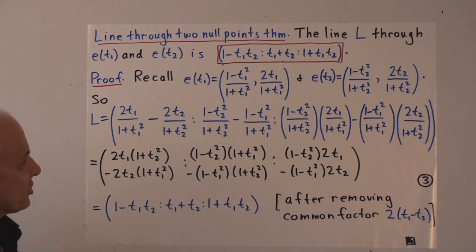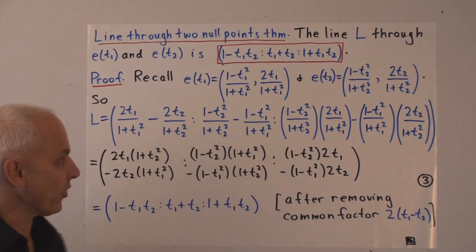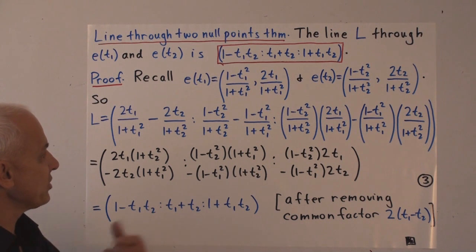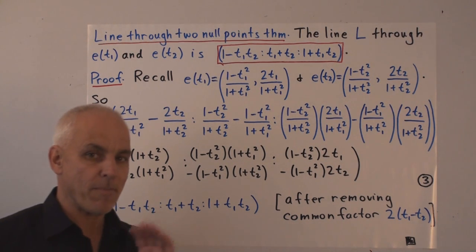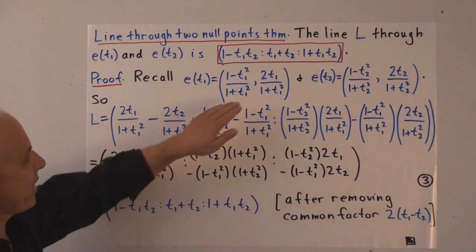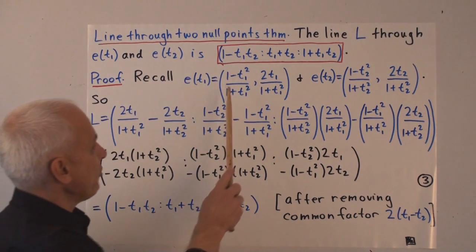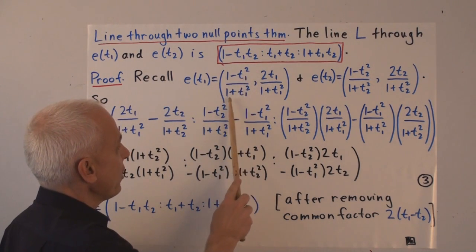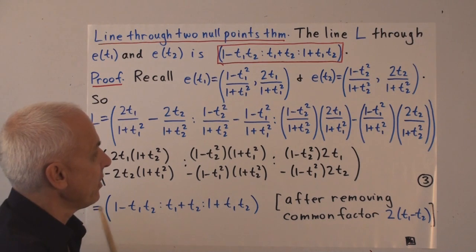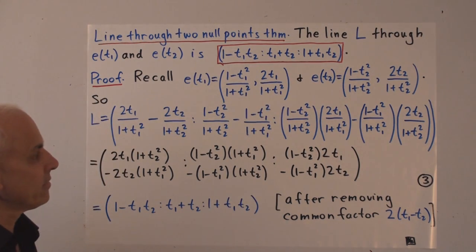Okay, so let's start by recalling the parameterization of the null circle. At any point on the null circle, except for -1, 0, which is a little bit exceptional, any other point has this particular form. We call that e of t1. I'll remind you, it's 1 minus t1 squared over 1 plus t1 squared, and 2t1 over 1 plus t1 squared.